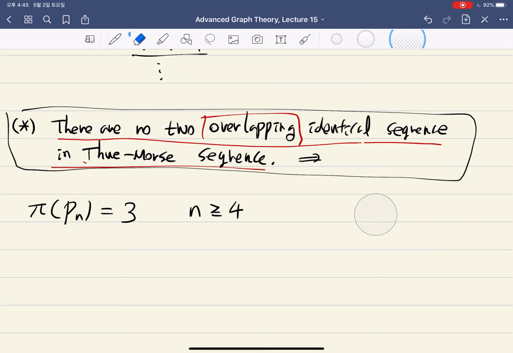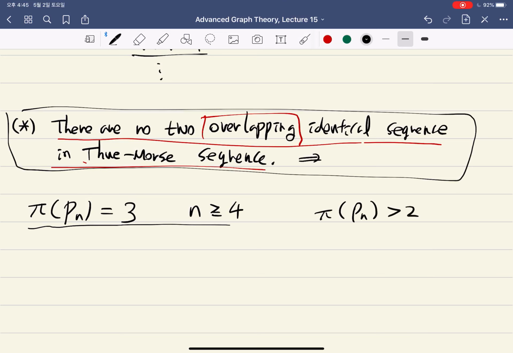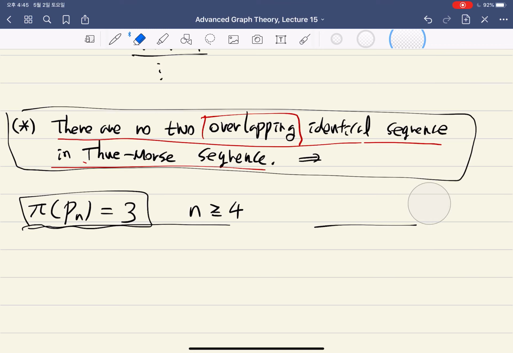So for paths with at least 4 vertices, you know that the Thue number is 3. It's easy to see that two colors are not sufficient when n is at least 4. So to show this, we only have to construct one ternary sequence with 3 letters which contains no repetition.